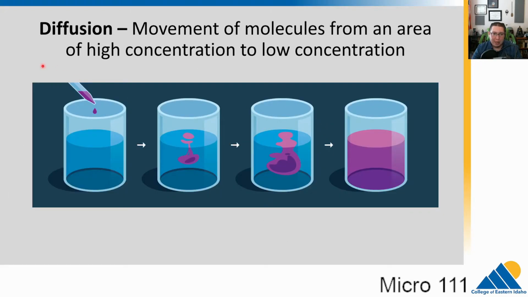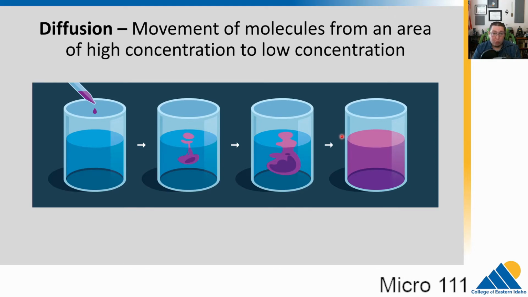Have you ever taken a glass of water and dropped food coloring into it? You're starting with high concentration dye right here, right in the food coloring. It drops in. It's in high concentration. The rest of the water, it's at a low concentration. So over time, the dye will diffuse out until the concentration is completely equal.